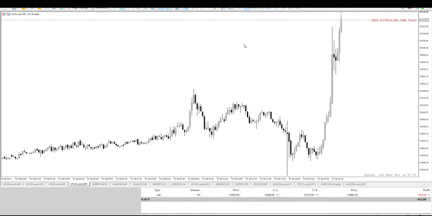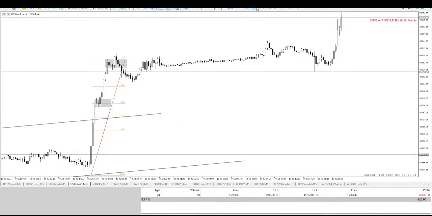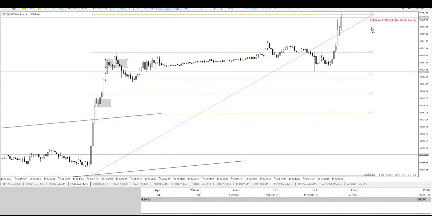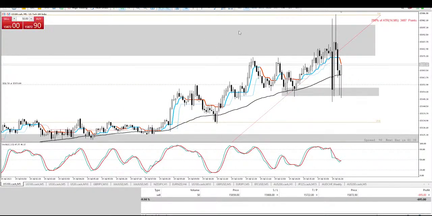Yeah. Such a strong move. Holy shit. It's bouncing off that 65 again.